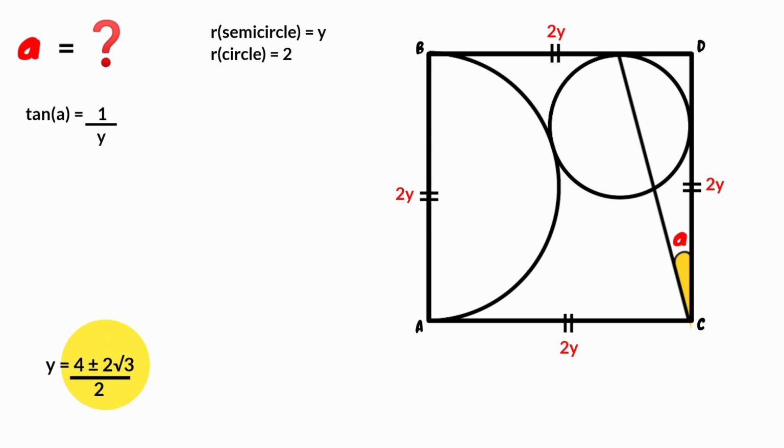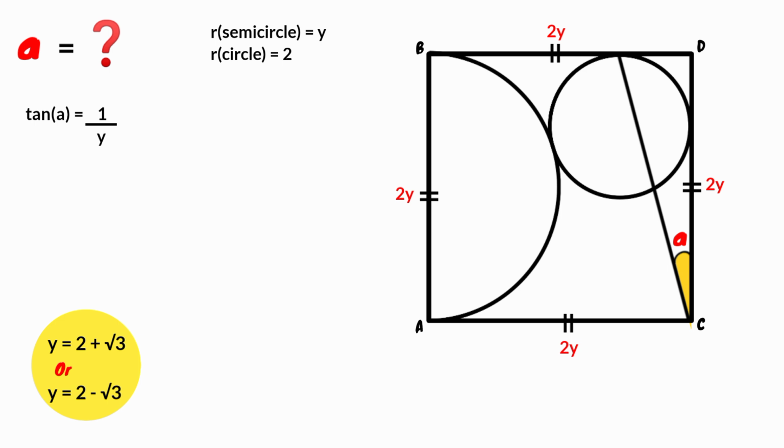From 4 plus or minus 2 root 3, we can factor out 2. So it is 2 into bracket 2 plus or minus root 3. This 2 cancels this 2. So y equals 2 plus or minus root 3. That is y equals 2 plus root 3 or y equals 2 minus root 3.